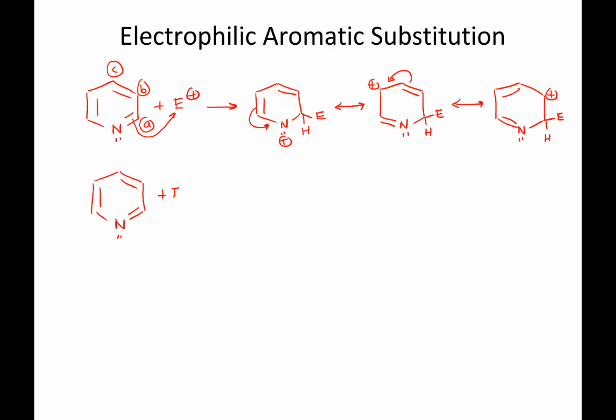Now let's add the E+ to carbon B and draw out the resonance structures. Okay, now let's draw out the resonance structures for adding E to the B position.